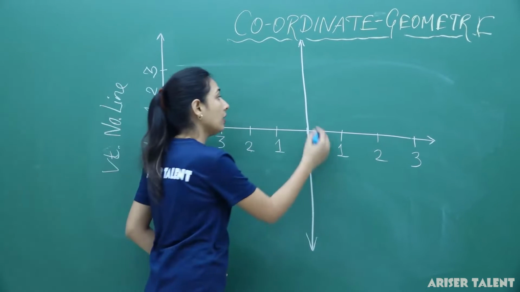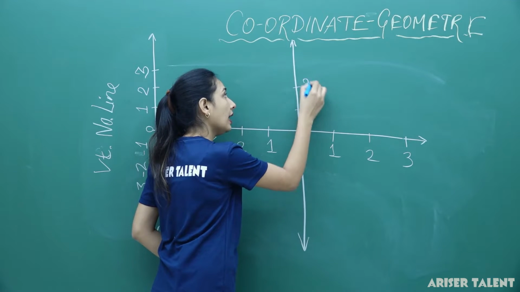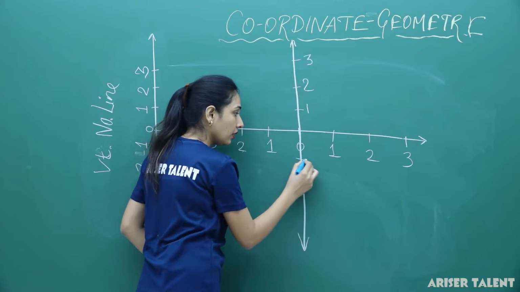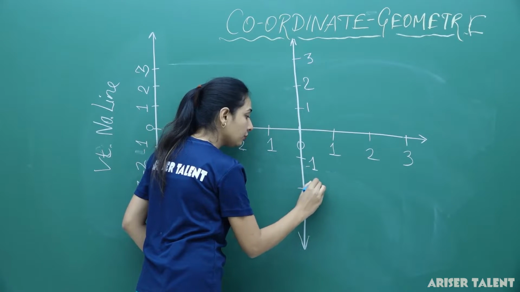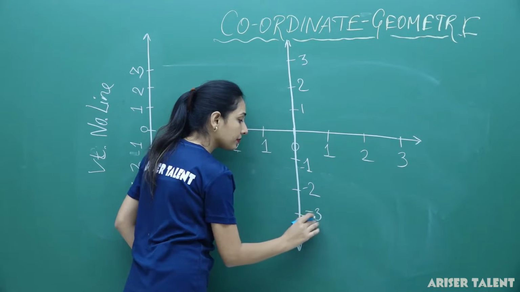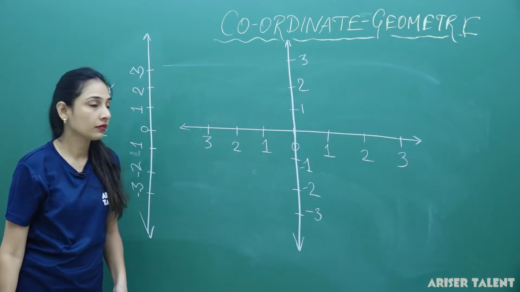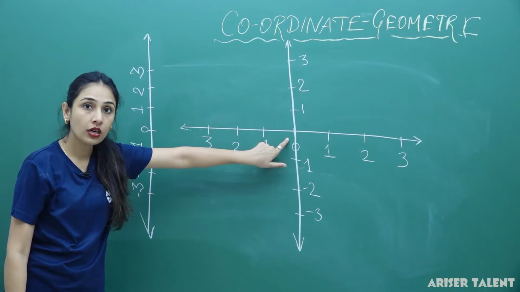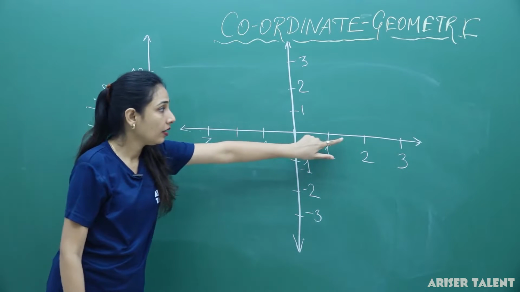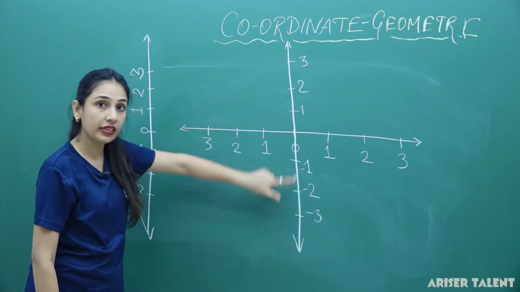Now, the 1, the 2 and 3. Again here, minus 1, minus 2 and minus 3. So this is 0, the 0 from the horizontal axis and the 0 from the vertical axis.